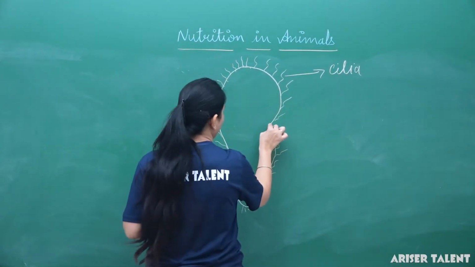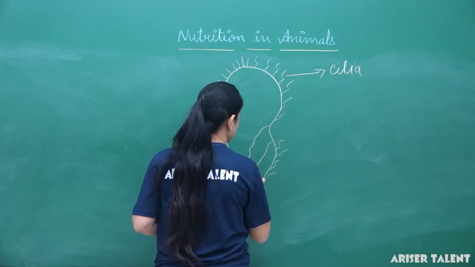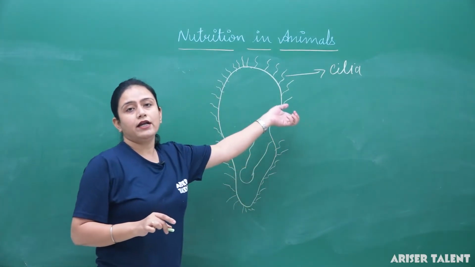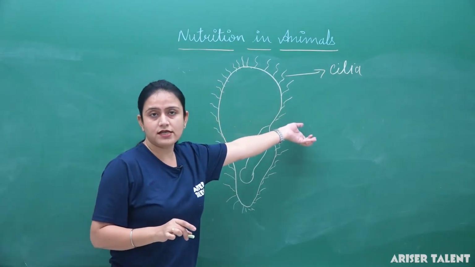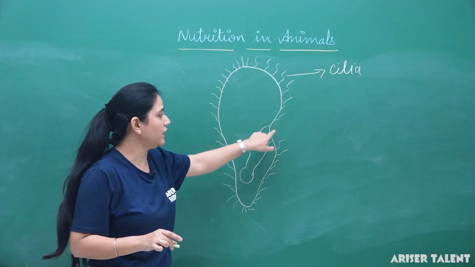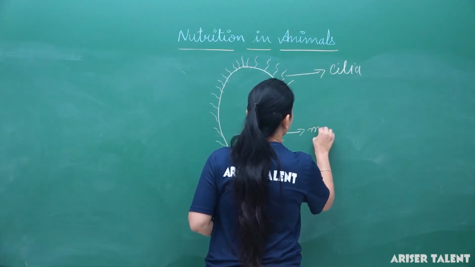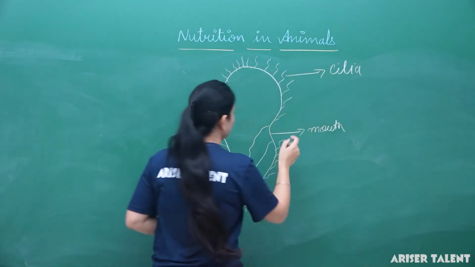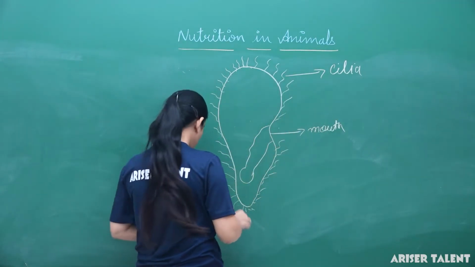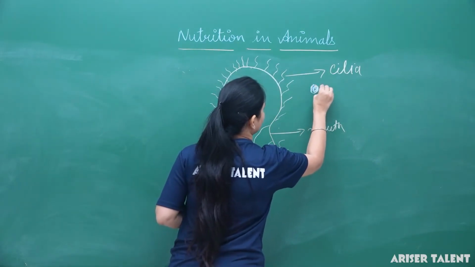So what happens when it gets food near its surface? These cilia help to throw the food particle here to the mouth. Now when the food particle goes inside the body, it forms a food vacuole. This is the food vacuole, and here is the food particle.